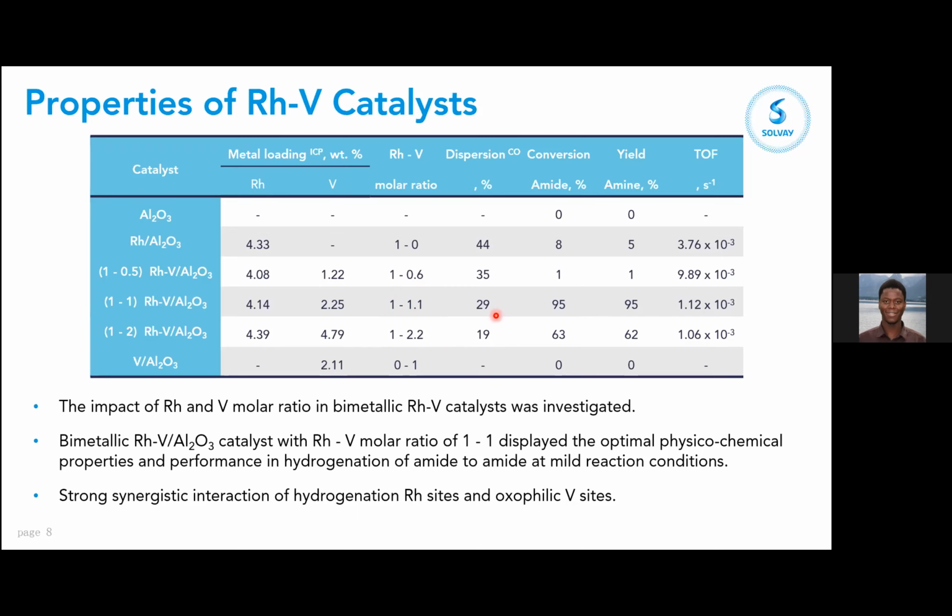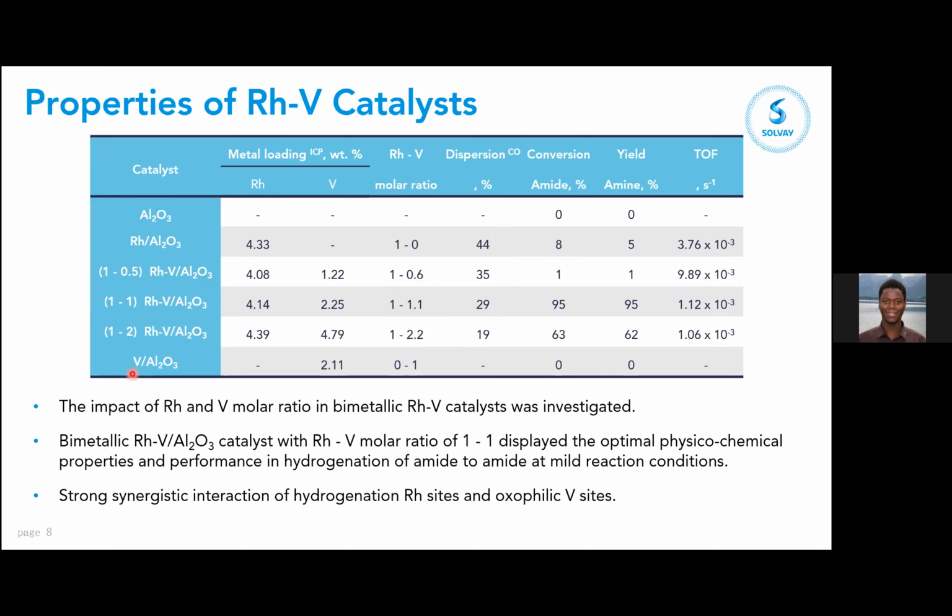And the dispersion was also optimum in between the starting dispersion in rhodium and the minimum dispersion, which is obtained when you put too much vanadium into the bimetallic catalyst.